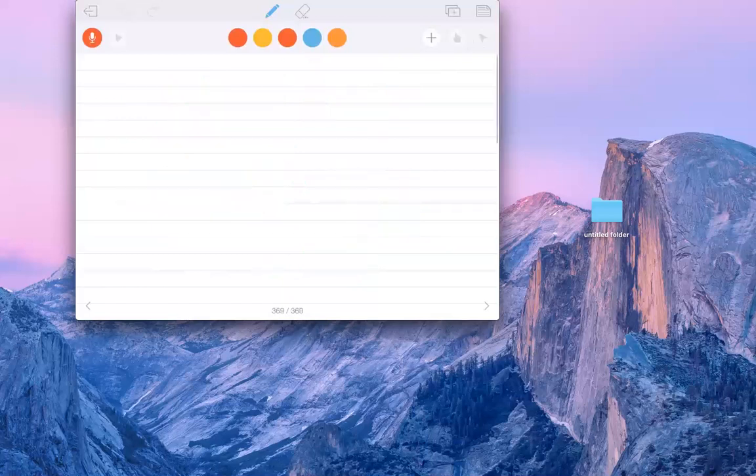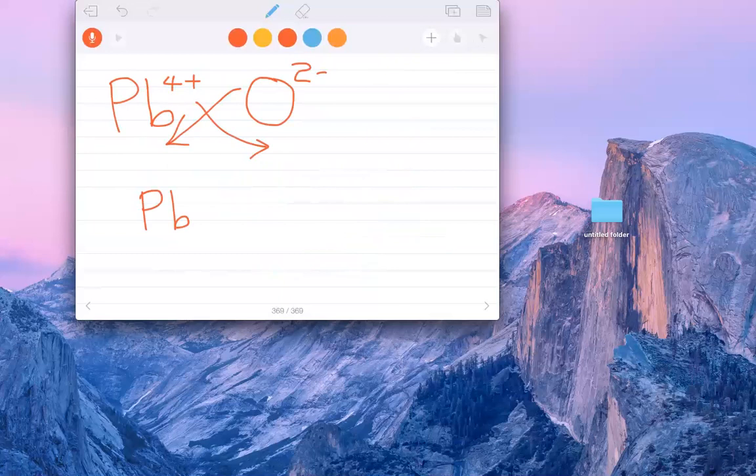You can also have something like lead-4, with +4, and oxygen with -2. If we bring down that, this will come down there. This will be Pb2O4. The 4 is coming from lead, and the 2 is coming from oxygen.